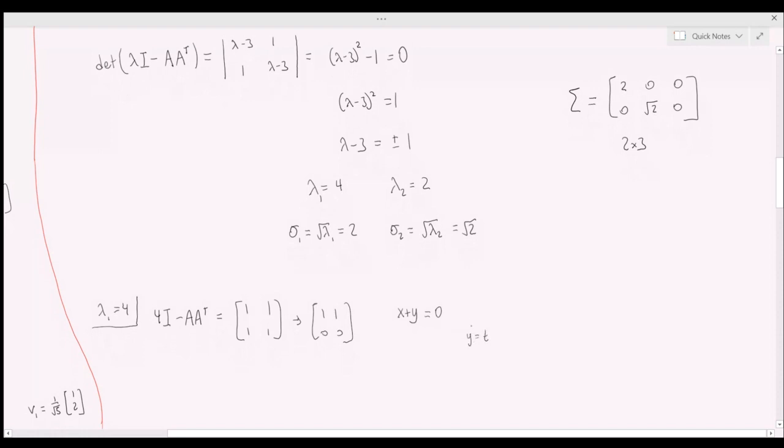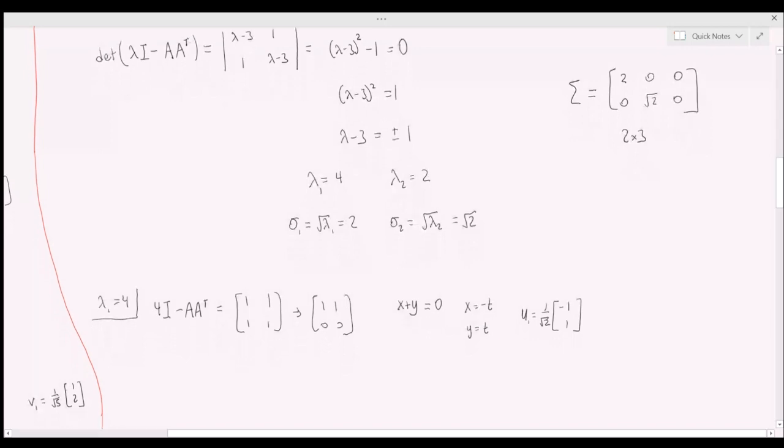So you could say y is t and x is negative t, which will give us an eigenvector of negative 1 and 1. I'm going to go ahead and normalize it by dividing by its length. And this vector is going to be vector u1, okay? Since I'm looking at the eigenvectors of A A transpose, we're getting all the u's rather than all the v's, okay?